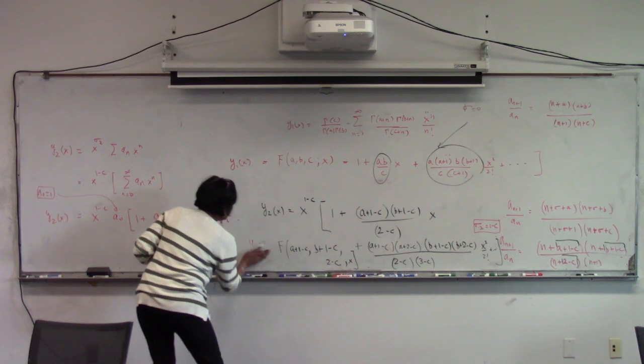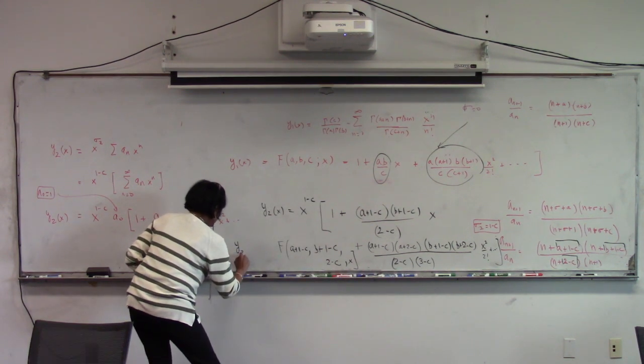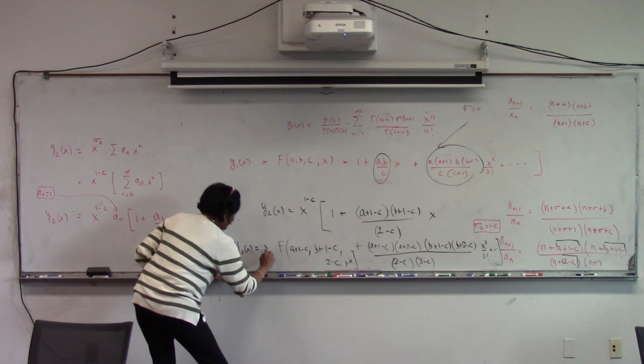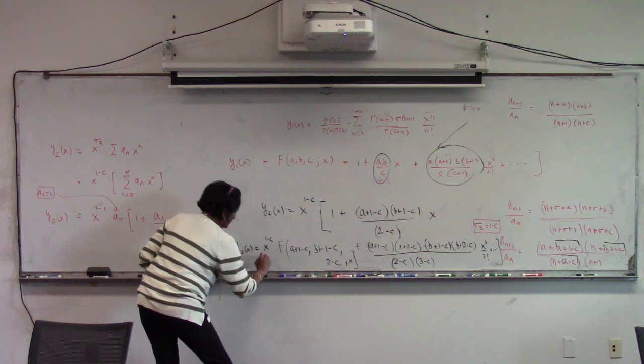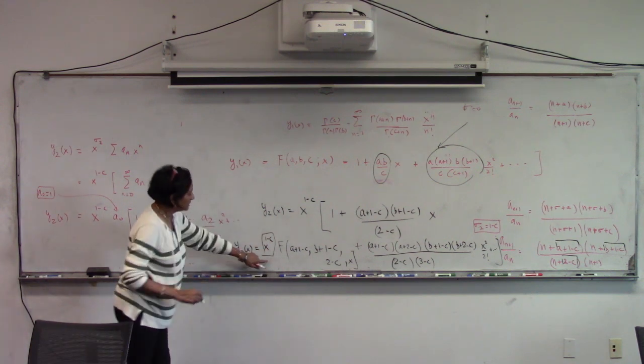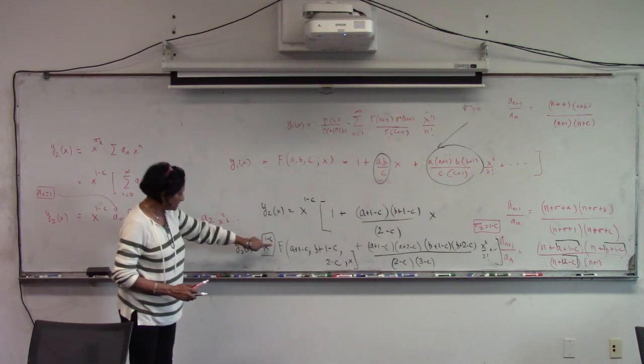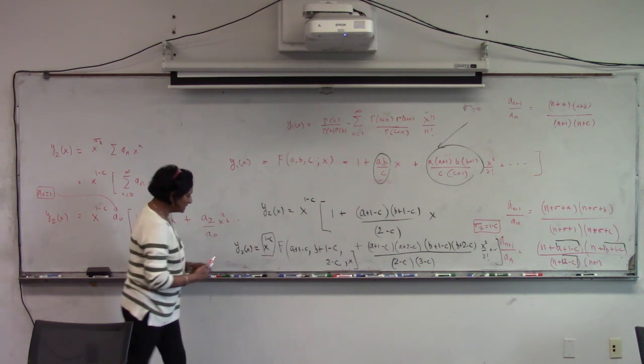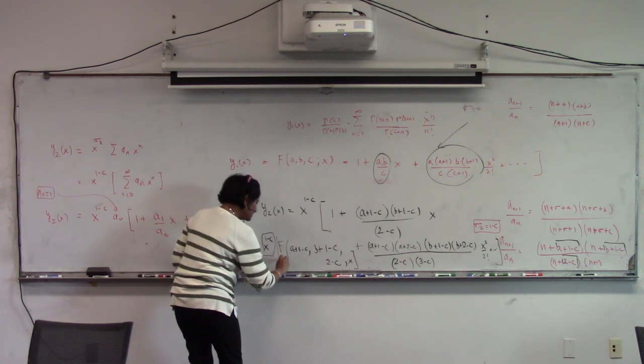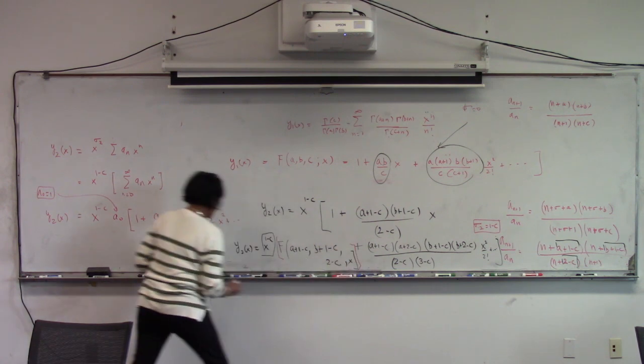Of course, I have that x to the power 1 minus c term there, because sigma 2 in this case is 1 minus c. You can write your second solution as the following.